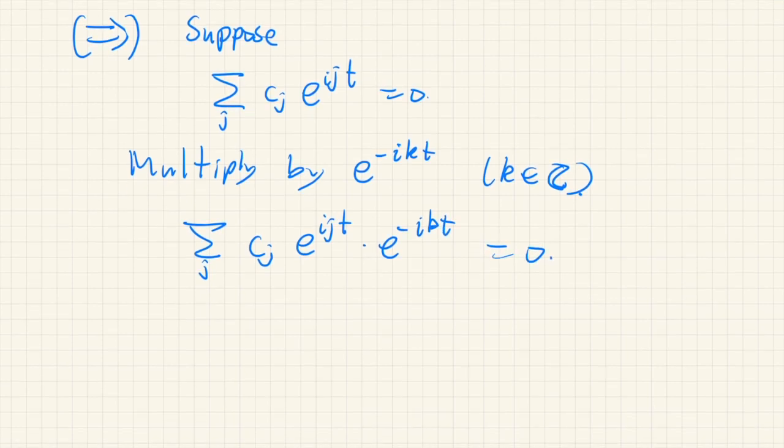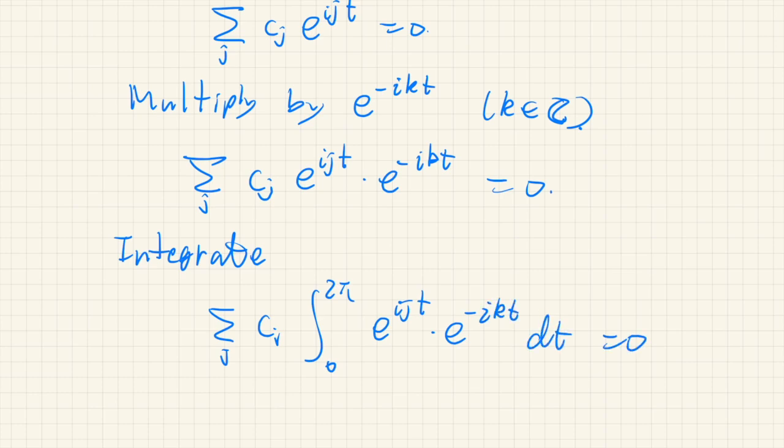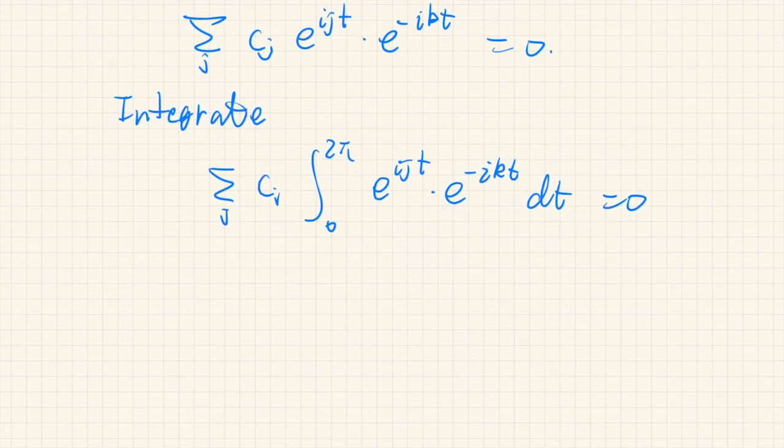Then we integrate both sides from 0 to 2 pi, of c_j e^{ijt} e^{-ikt} dt equal to 0. And let's divide both sides by 2 pi, and we still have this.